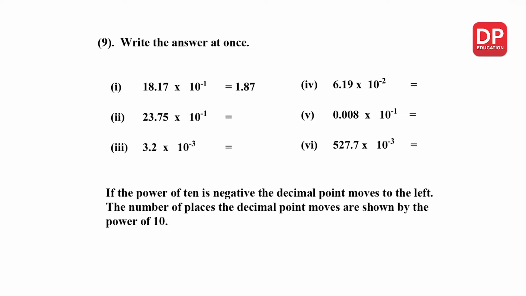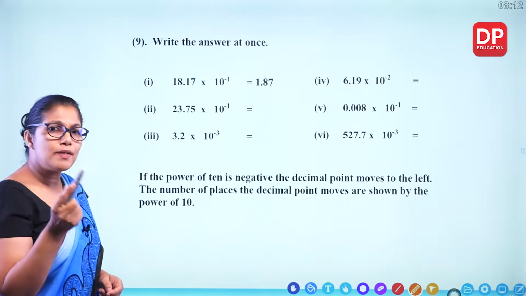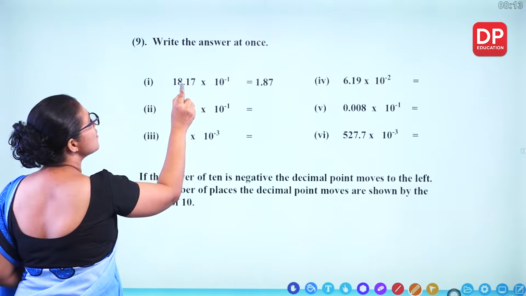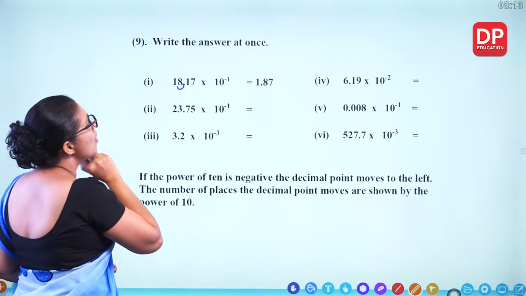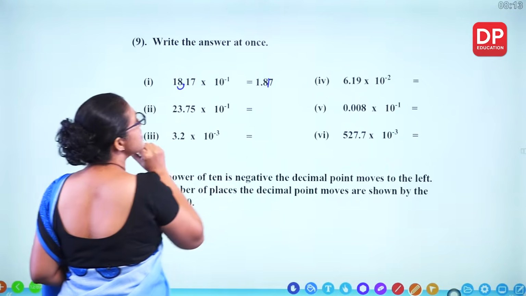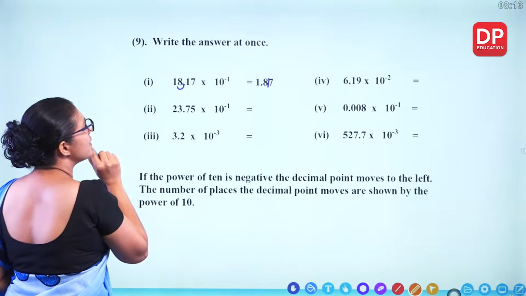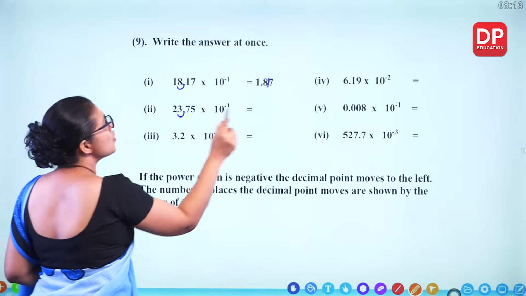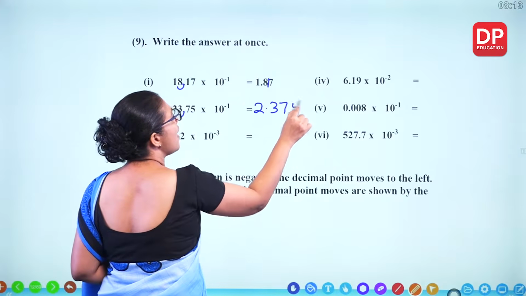Now what happens? Negative power means the decimal point moves to the left. 1 means moves 1 place to the left. So you get 1.817. This one, 10 to the power -1, moves 1 place to the left. 2.375.